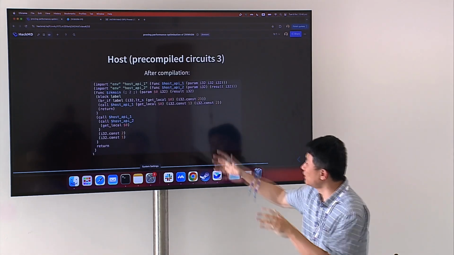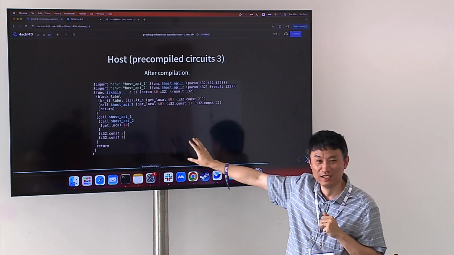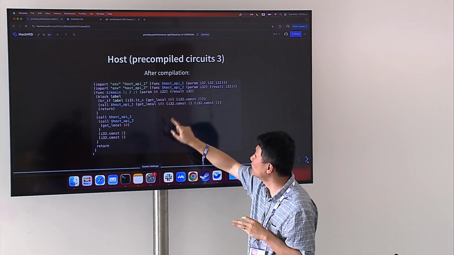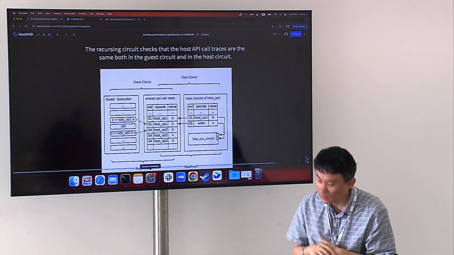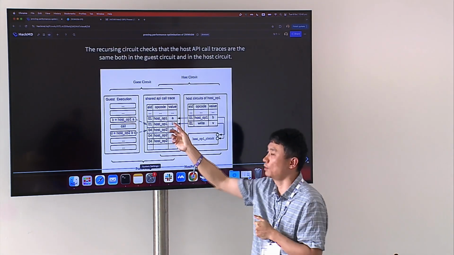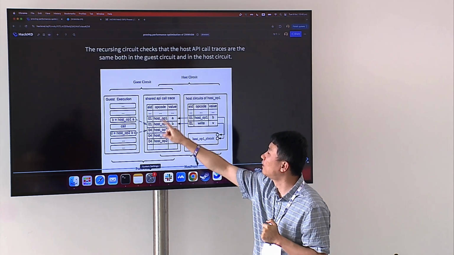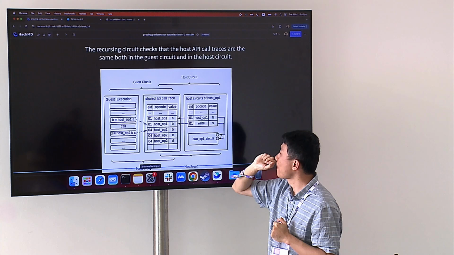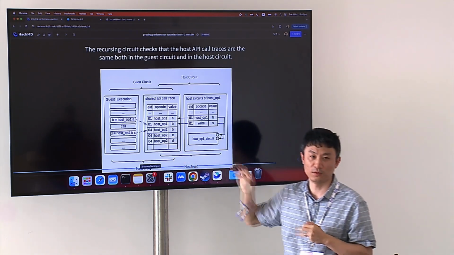And this will compile to, now we have WAVT to show the compiling result, so we have this. And in the guest circuit, when we have host operations, we just fill in all the witnesses here, without proving anything about the constraints of the witness.